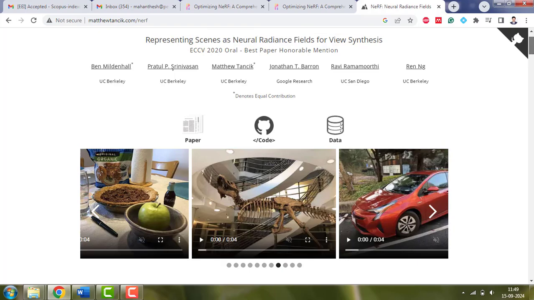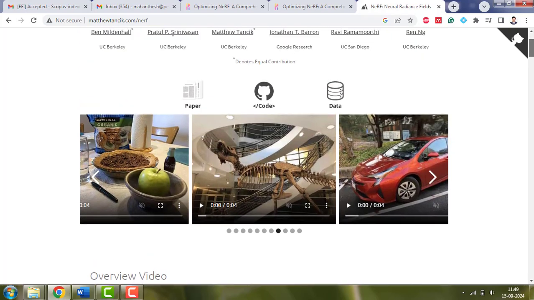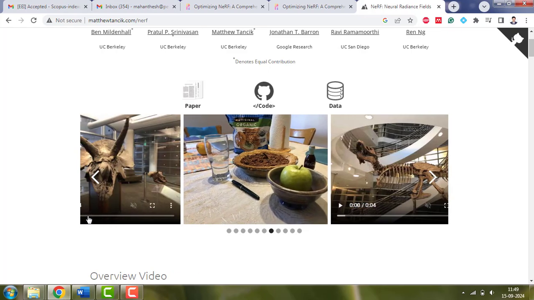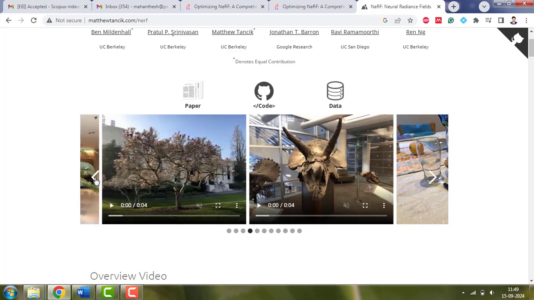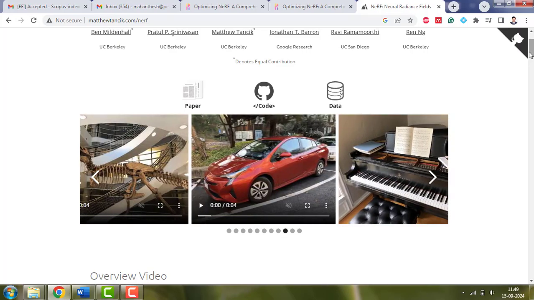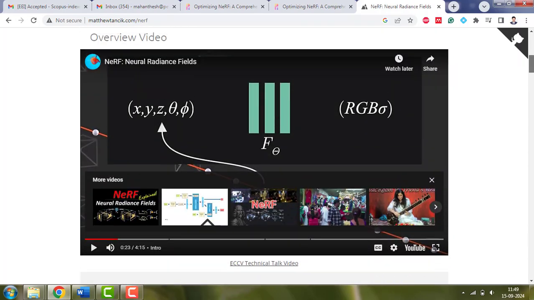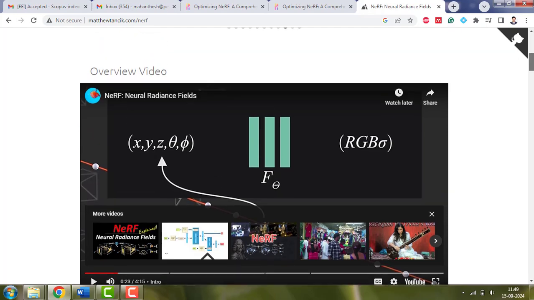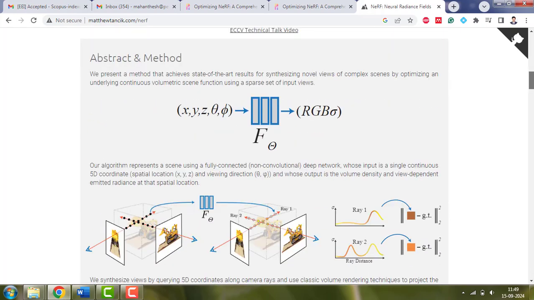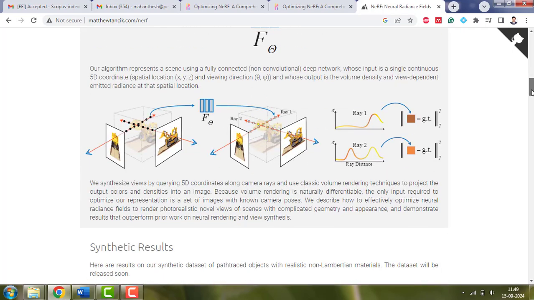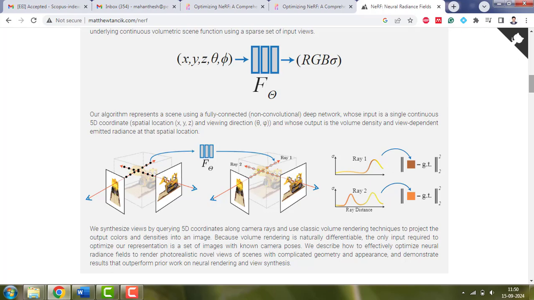This is what they presented, and if you see their work, they go from 2D to 3D, and you can see that there are 5 parameters: x, y, z and theta, phi. From that they are trying to generate the scene, which is very nice work.